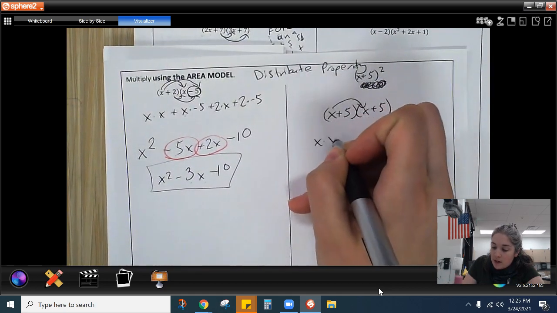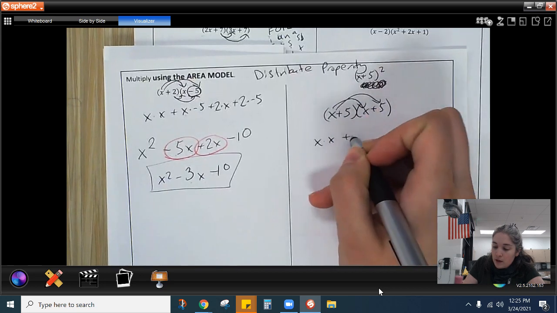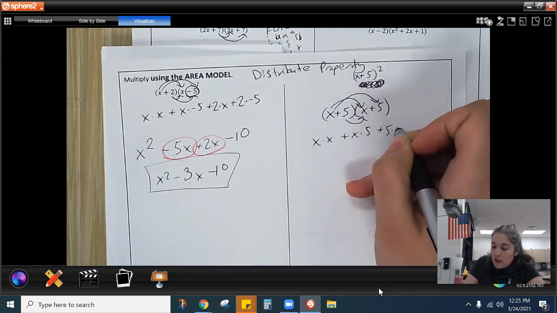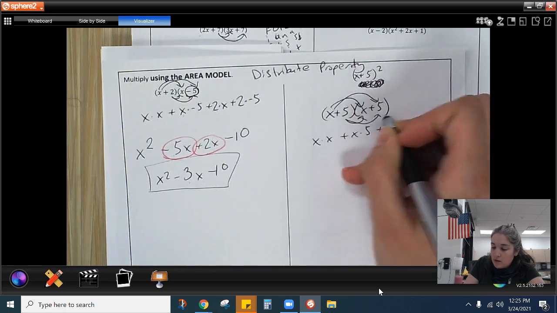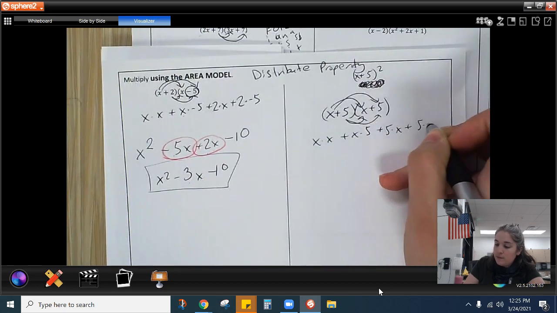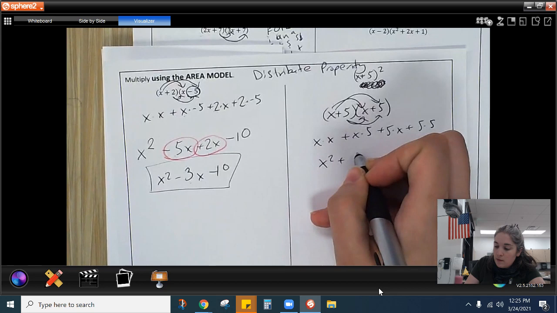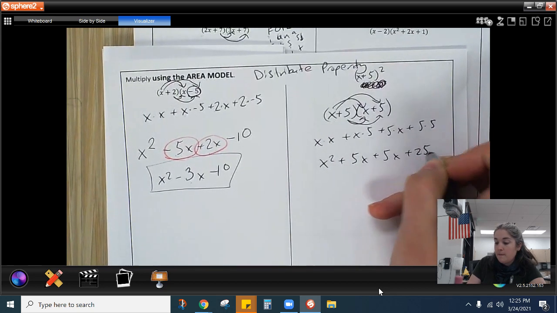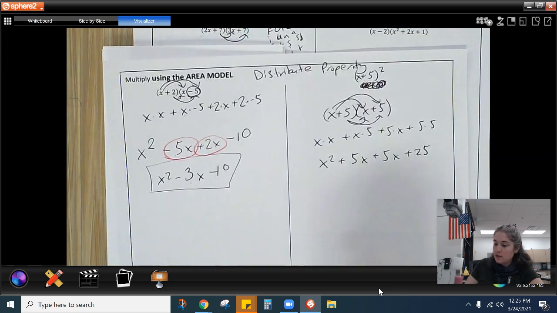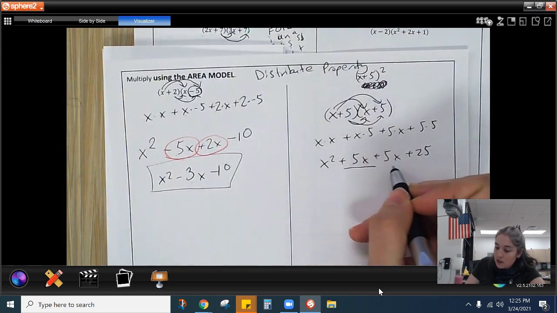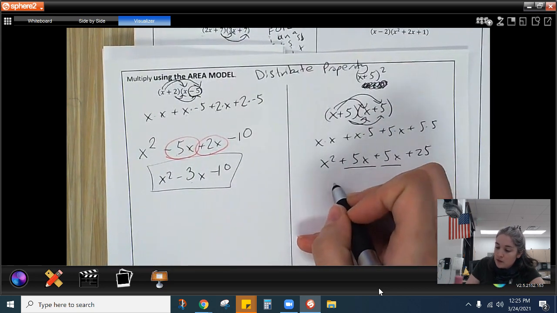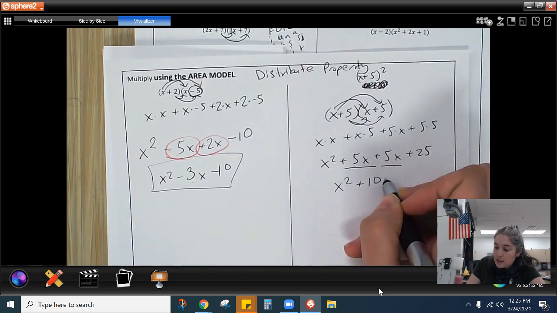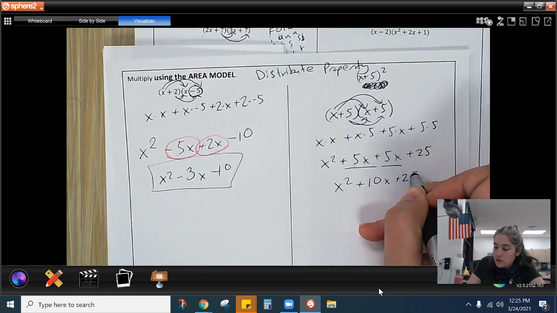So we get an x times an x plus x times 5 plus 5 times x plus 5 times 5. So this is really x squared plus 5x plus 5x plus 25, right? I have some like terms here. So x squared, 5 plus 5 is really 10, so this would be 10x plus 25.